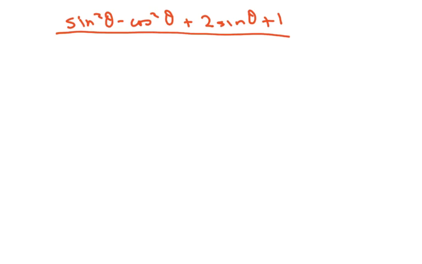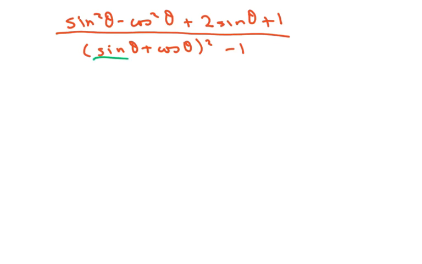Now we're going to simplify the numerator, and we're going to get sine squared theta minus cosine squared theta plus 2 sine of theta plus 1. And recall in the denominator we had sine of theta plus cosine theta squared minus 1.